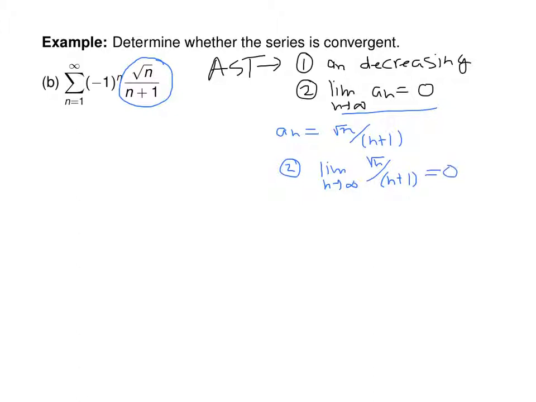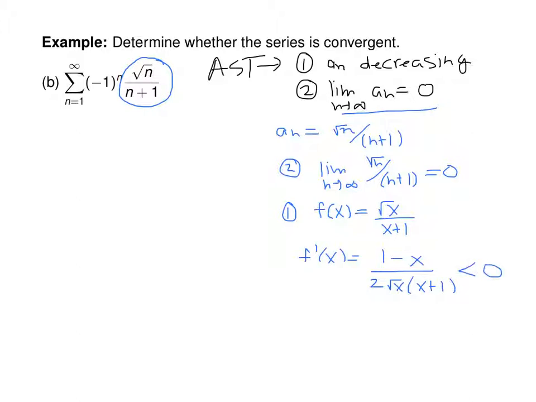Now, checking condition 1, to prove decreasing, let's consider the related function f of x equals root x over x plus 1. The derivative, when you work it out using the quotient rule and simplify it, will be 1 minus x over 2 root x times x plus 1 squared. Notice that this is less than 0, it's negative, as long as x is greater than 1. So we know that f is decreasing from 1 to infinity.